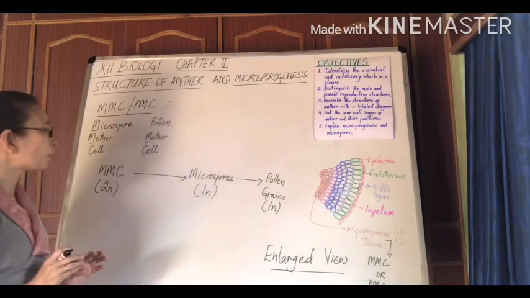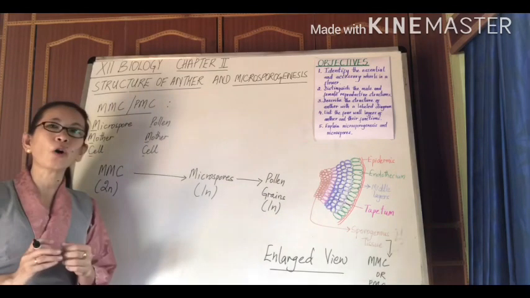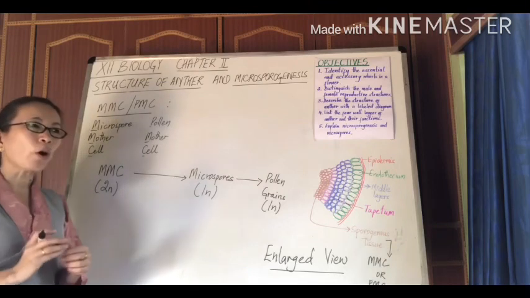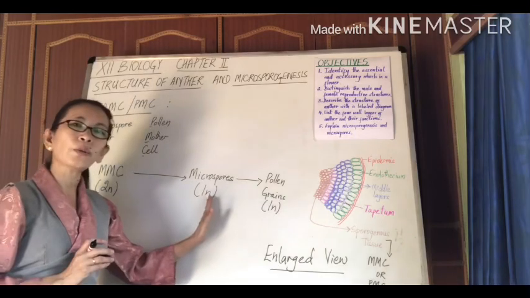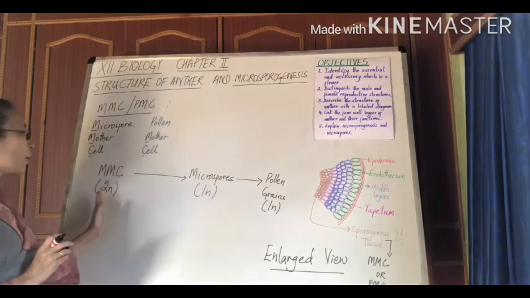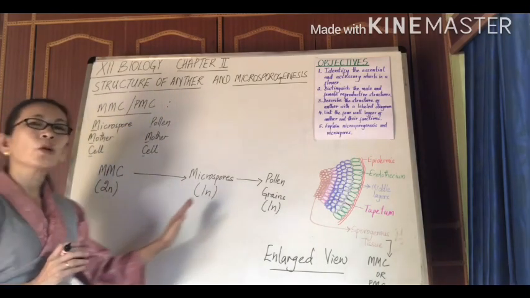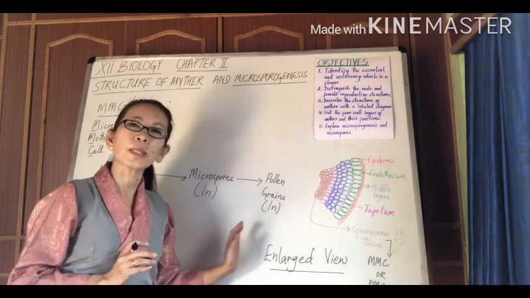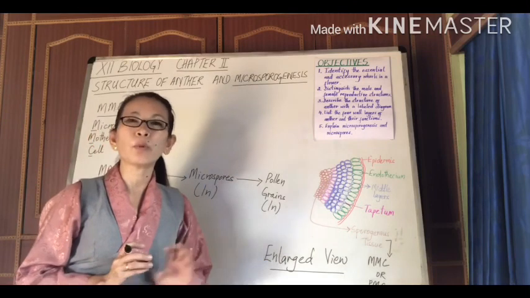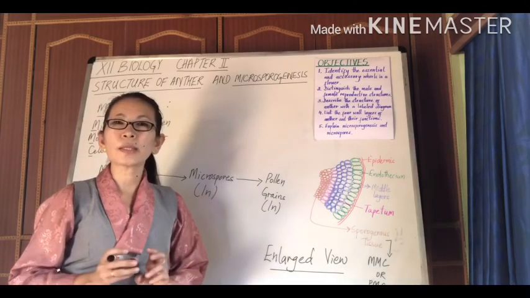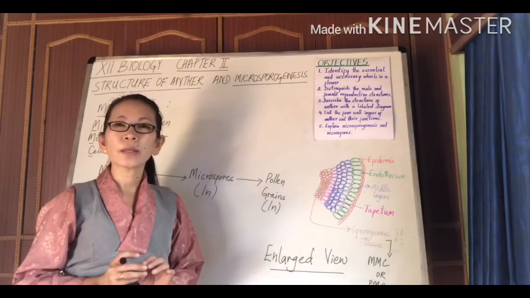Now let's try to recollect which type of cell division results in the production of microspores from a diploid MMC, and which type of cell division produces a haploid pollen grain from a haploid microspore. So can you guess the nature of the cell division?